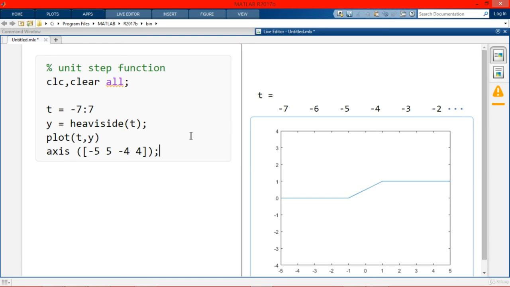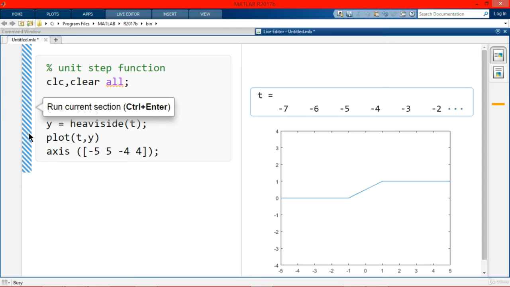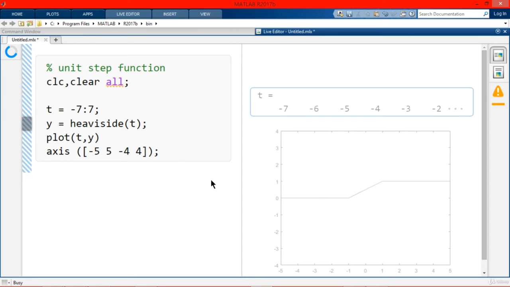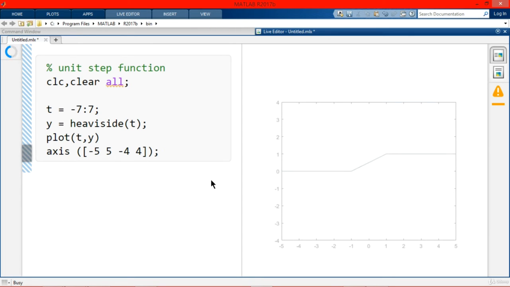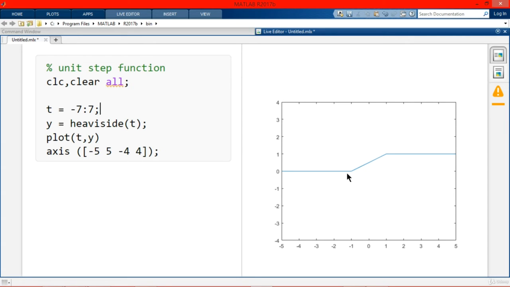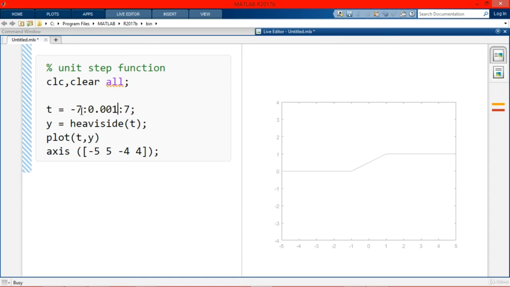But notice that it's kind of a ramp, while there must be a straight line for a unit step or Heaviside function. To get the straight line, we have to add more resolution to the time variable. So between -7 and 7, let's take a resolution of 0.001, and now run the code again.